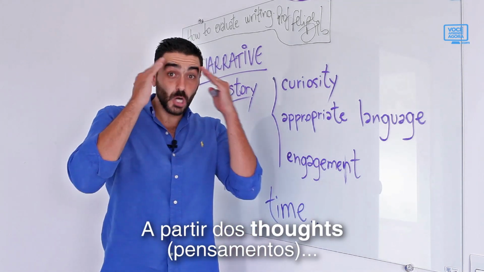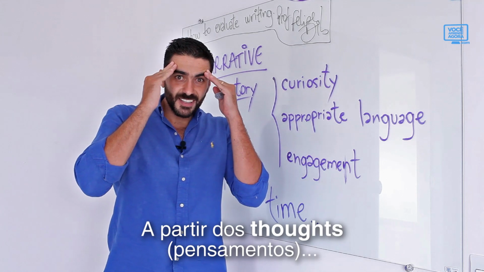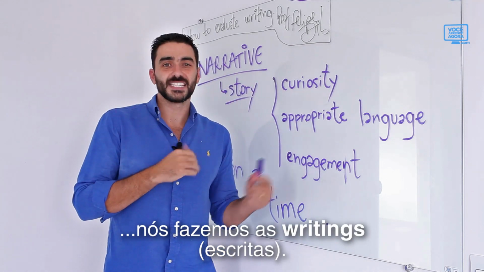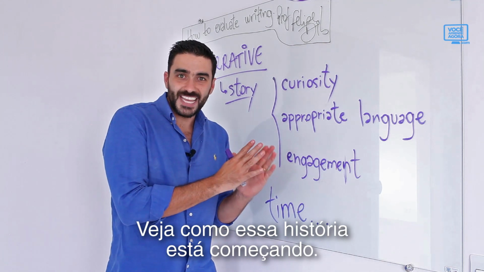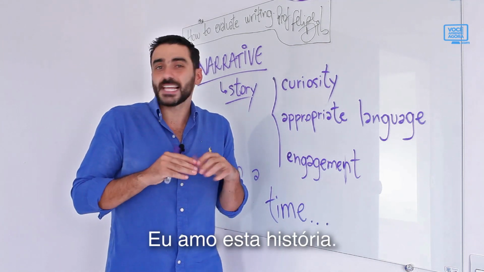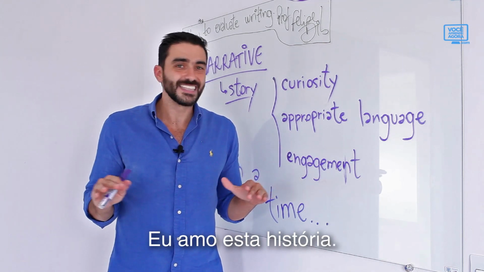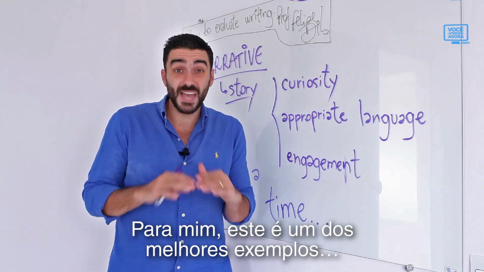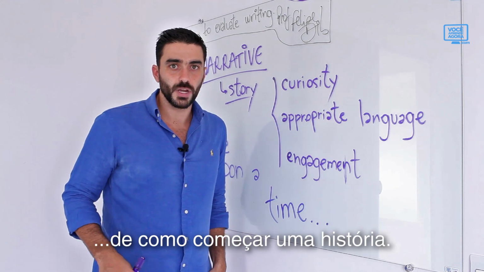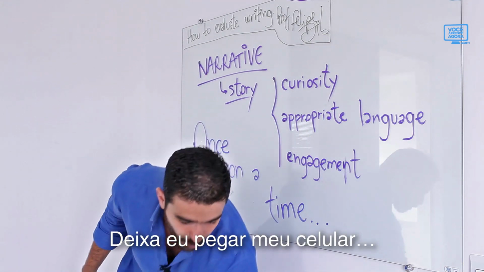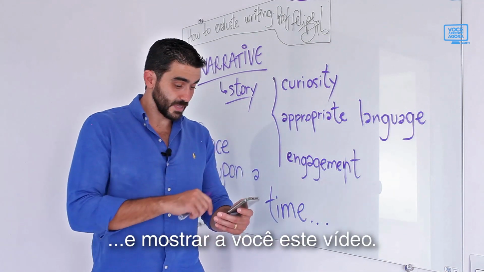From the thoughts, we make the writings. Check how this story is starting. I love this story. To me, this is one of the best examples of how to start a story. Okay? Let me get my cell phone and show you this video.